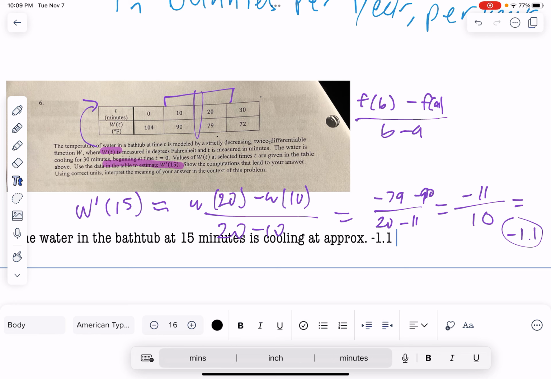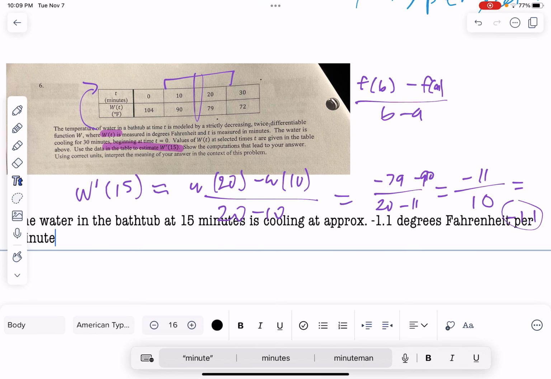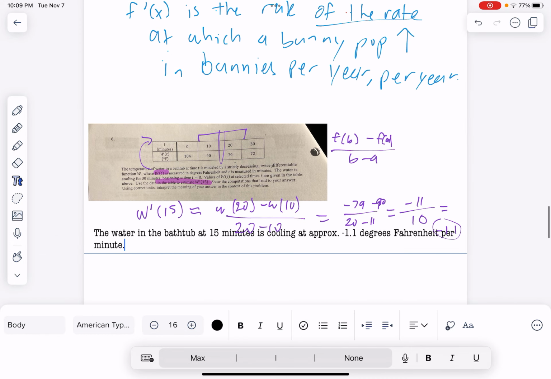It's a rate of change, so you have to have your units: degrees Fahrenheit per minute. That's what that last thing looks like interpreted.